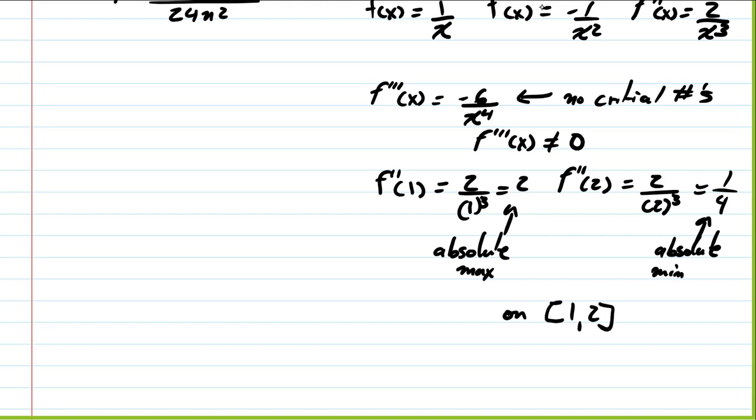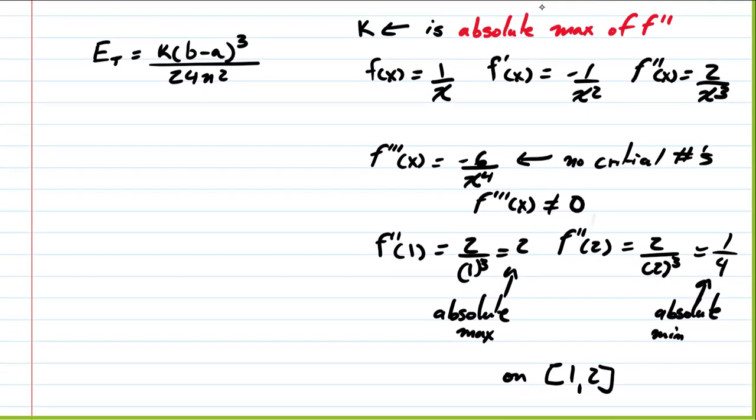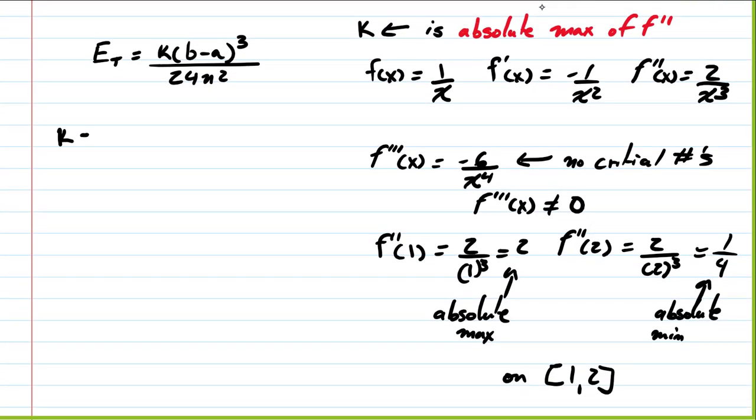So what value are we going to select for k? 2, right? Our absolute max. So in our formula, k is going to be 2, and that's this value that we just found right here.